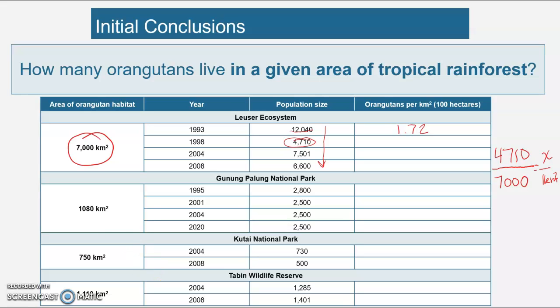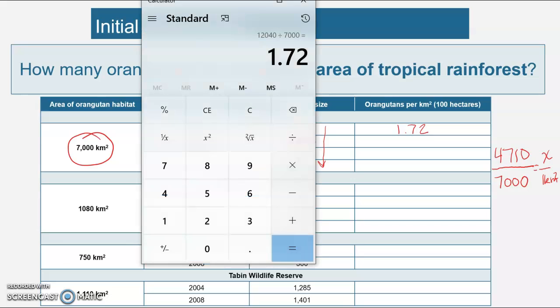Back to that calculator. Okay, we're doing that cross multiplying again. And we end up with 4,710 divided by 700. Hold on. I did a subtraction. That didn't come out right. Let's try the correct operation here.